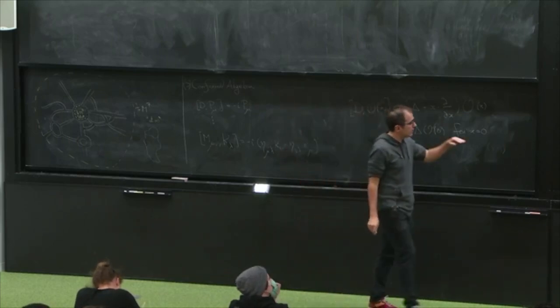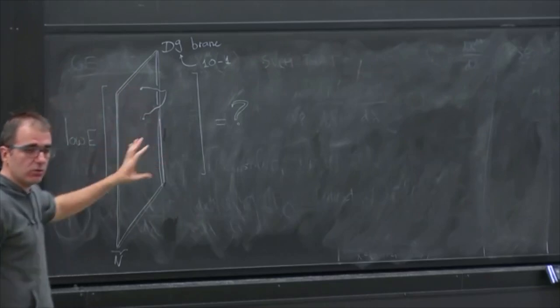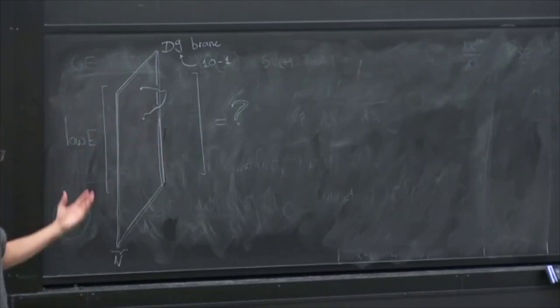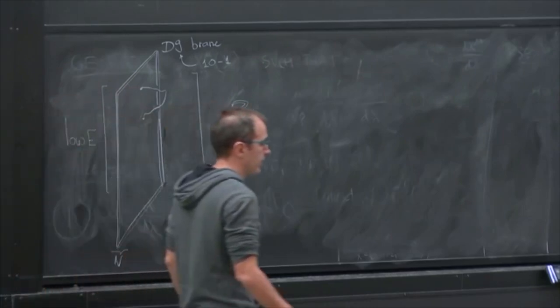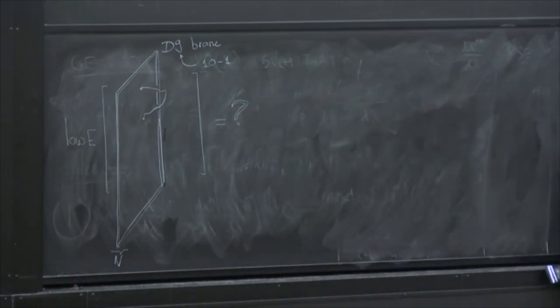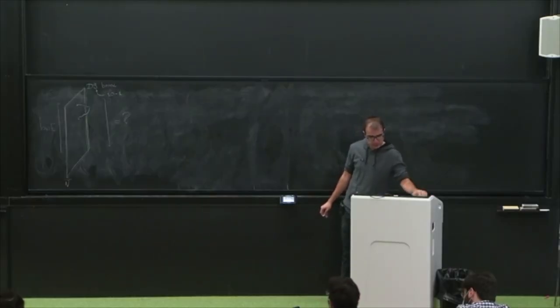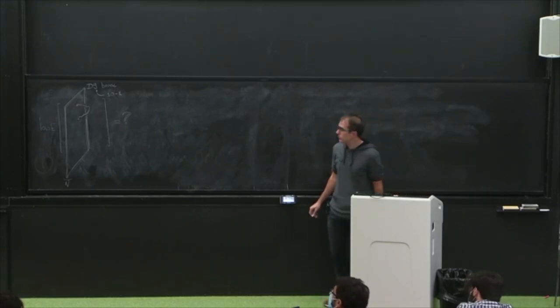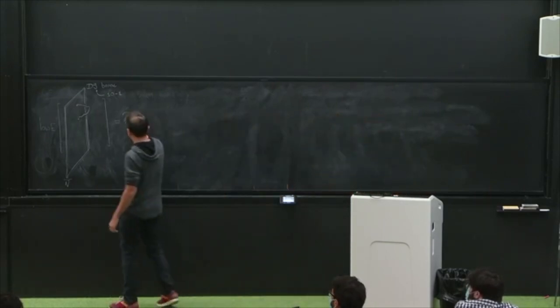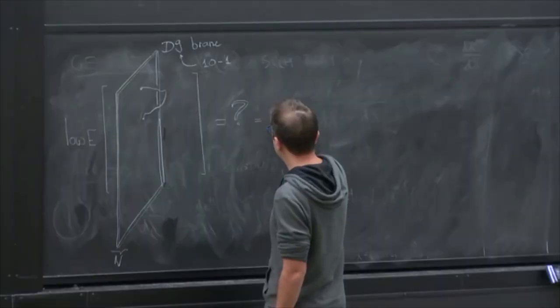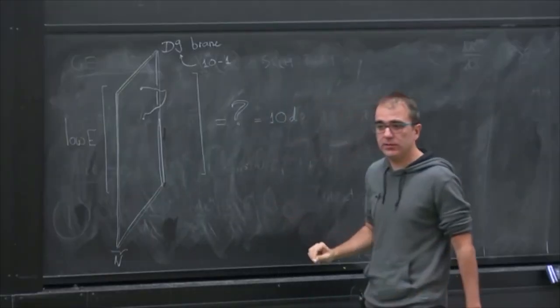And the open string ends on the brane and goes to the brane. And we ask, what's the low energy limit? What happens if I go to low energy? What is the low energy description of this theory? The answer is that we get a theory in 10 dimensions because we are doing 10-dimensional string theory.